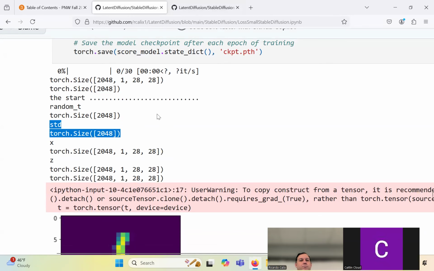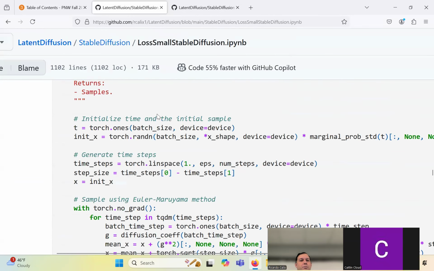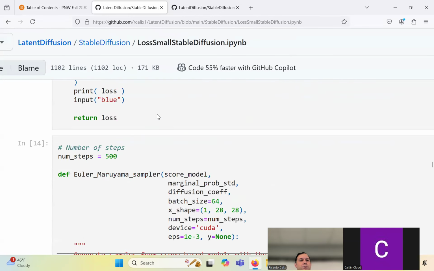So we go back. We can see that, as I said, standard is the value given the random T value, right? So that is the amount of noising. So we have the noise, and then how much we're going to modify that based on the time T, okay?